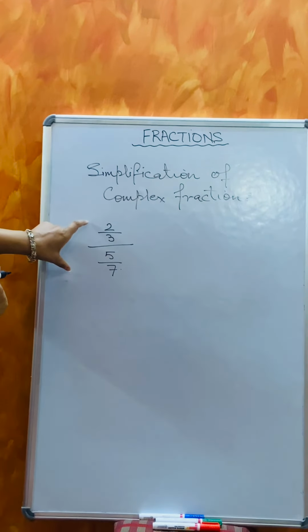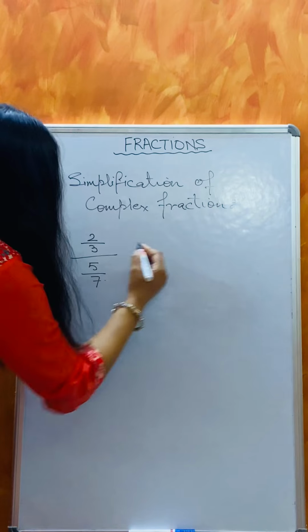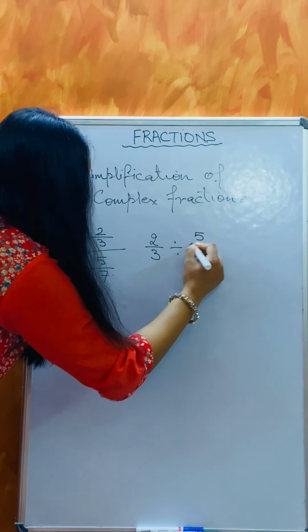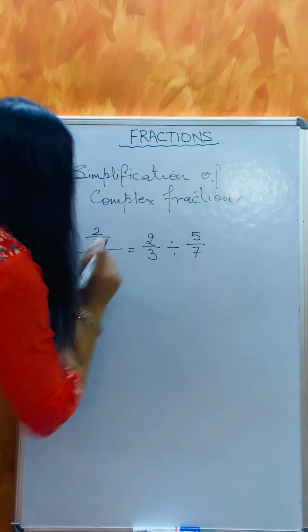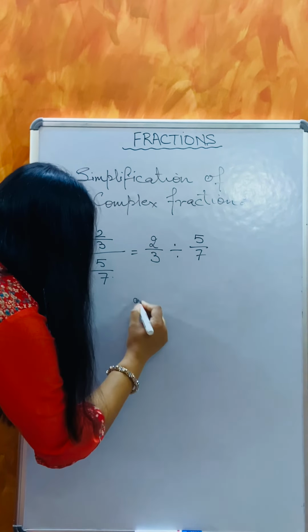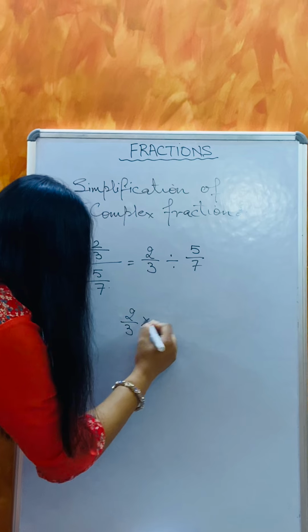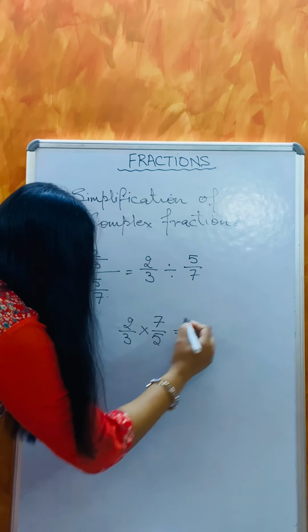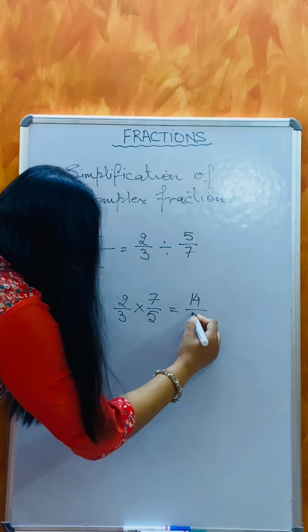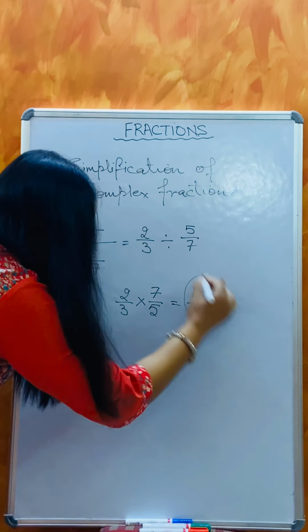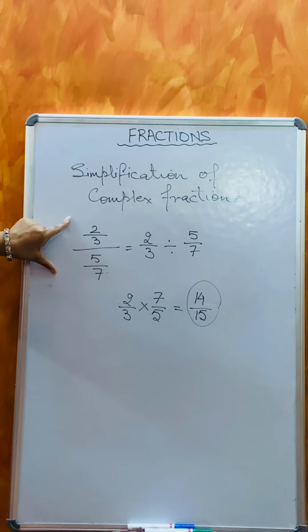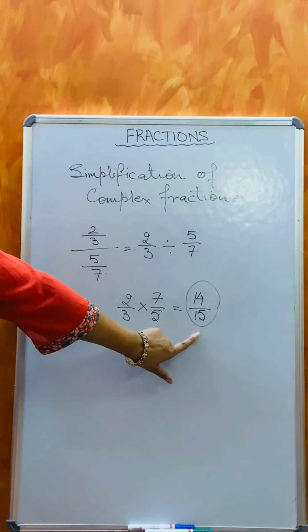We convert it: 2 by 3 divided by 5 by 7 is 2 by 3 multiplied by 7 by 5. It comes out to be 7 2s are 14 and 5 3s are 15, 14 by 15. So we have simplified a complex fraction into a simple fraction.